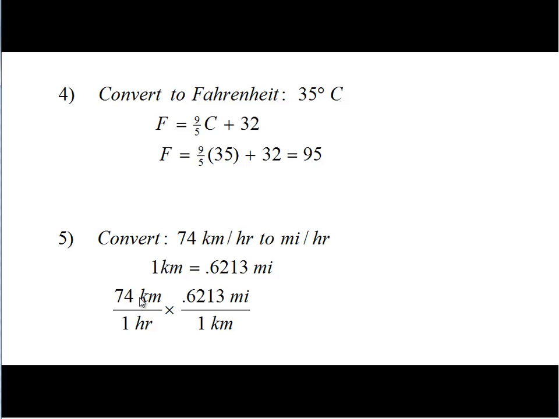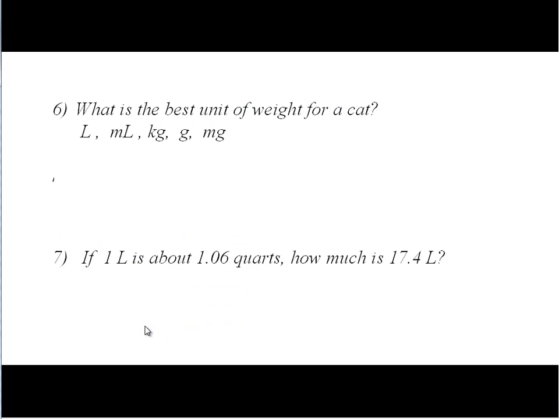So 74 kilometers, you make a fraction out of these two numbers, 0.6213 and 1. You put the kilometer number on the bottom so that it cancels, and what's left is miles on the top and hours on the bottom. Then take your calculator, 74 times 0.6213. I came up with, I believe, 45.9762. And you have miles left on top, because the kilometers will cancel, and hours left on the bottom.